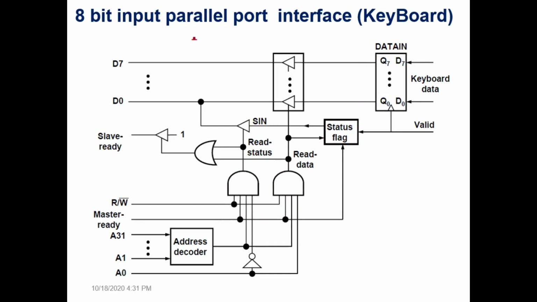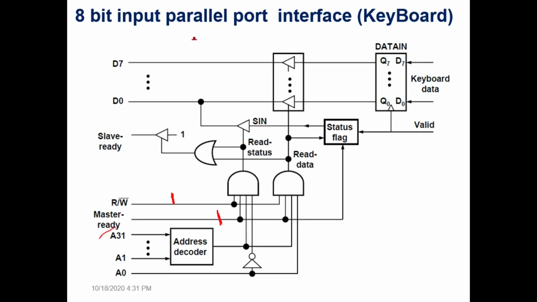Let us start with the reading status process. So how is this process executed, or how does the processor read the status of the input interface circuit? The processor initially issues the read signal. That means it makes the R/W line 1 because the processor wants to read the status. Also the master ready signal is high during the initiation of the data transfer.